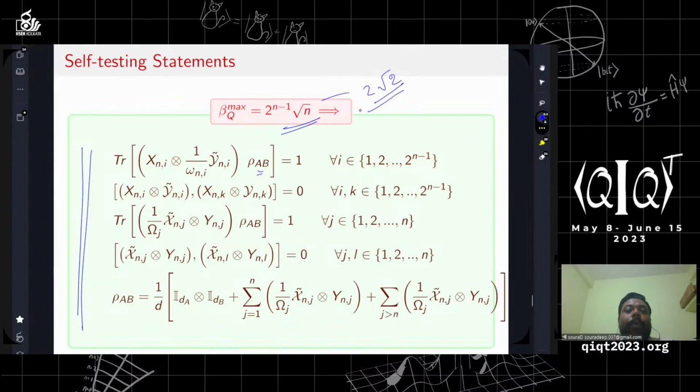So if these two conditions are satisfied simultaneously, rho must be a common eigenstate of those observables for all j. That means rho must be a pure state. And since this is basically the expectation value of two observables, and this expectation value is the extremal one, it gives you the maximum value 1. That means this rho must be a maximally entangled state. So the description of rho must look like this.